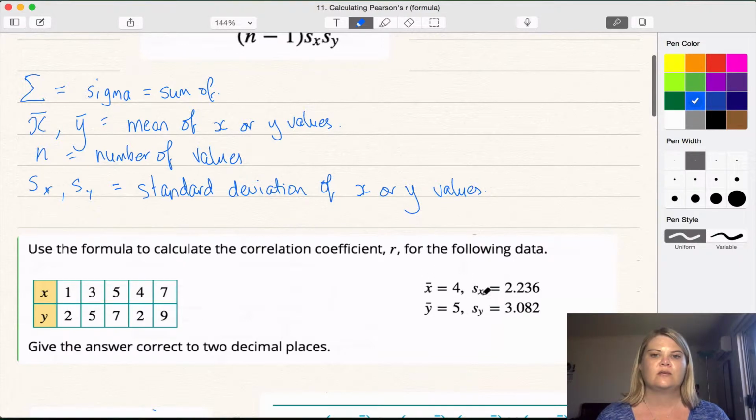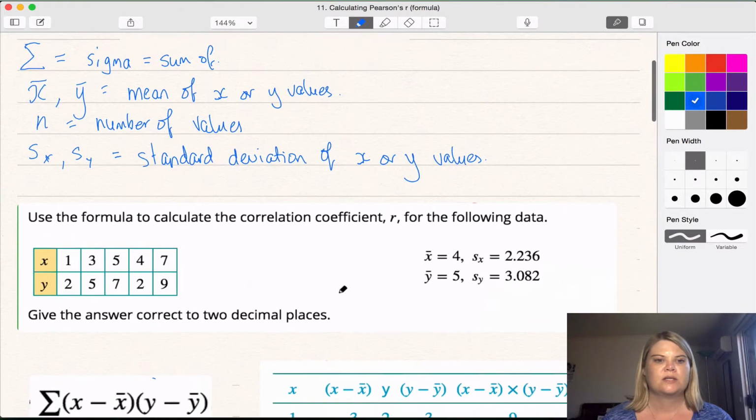If you weren't given all this information, you could easily put the data into your calculator and calculate the means and the standard deviations, but we're given them, so we're going to use the ones that we've been given. It does tell you to give your answer correct to 2 decimal places, which will be important near the end.